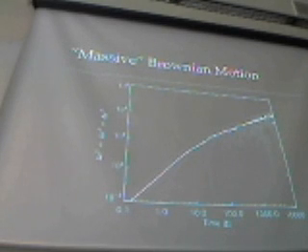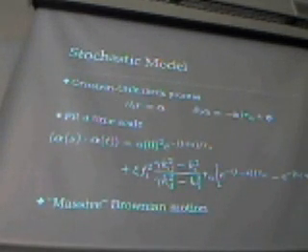I didn't quite listen correctly, I think. So are you saying that phi should always stay white noise? The definition of an Ornstein-Uhlenbeck process is that you are forcing your particle with white noise, and then when you look at the power spectrum of that, the power spectrum is red. So that's by definition this process.